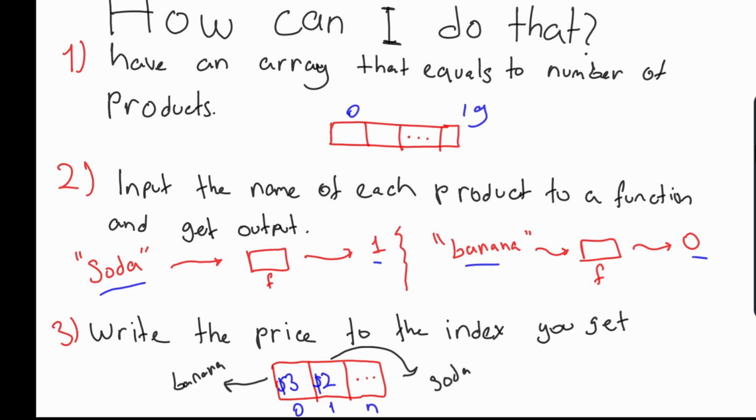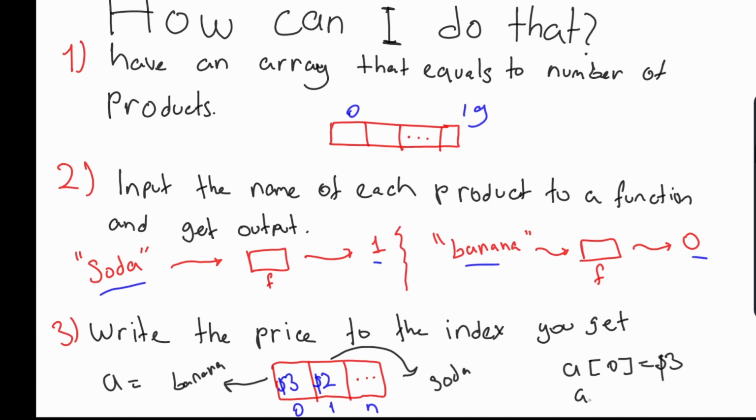And so by doing this, whatever we want to know, let's say we want to know how much coffee costs. We type coffee into the function, we get a number. We know that that number is the index. So we can just go to the array, find that index. Let's say this array is called array A. So if we call A on index 0, it should give us $3.